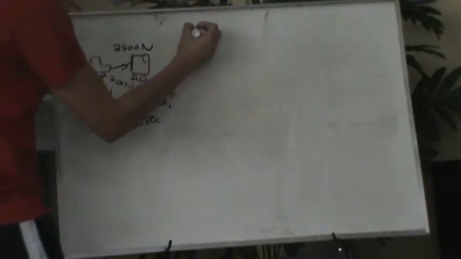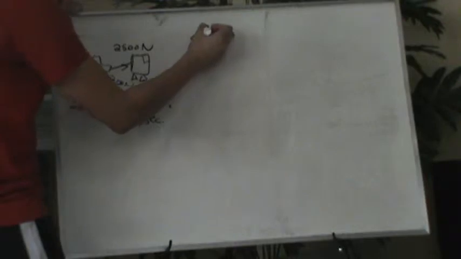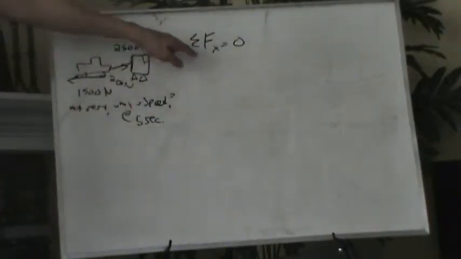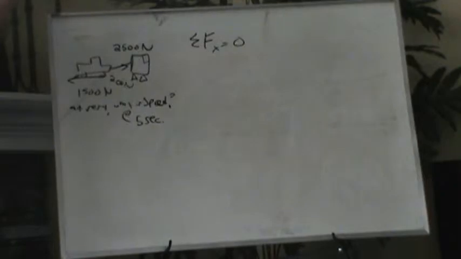So what we do first is a sum of forces. This is what you usually do for any physics problem. Always remember that the sum of the forces in either direction has to equal 0 to maintain equilibrium balance.